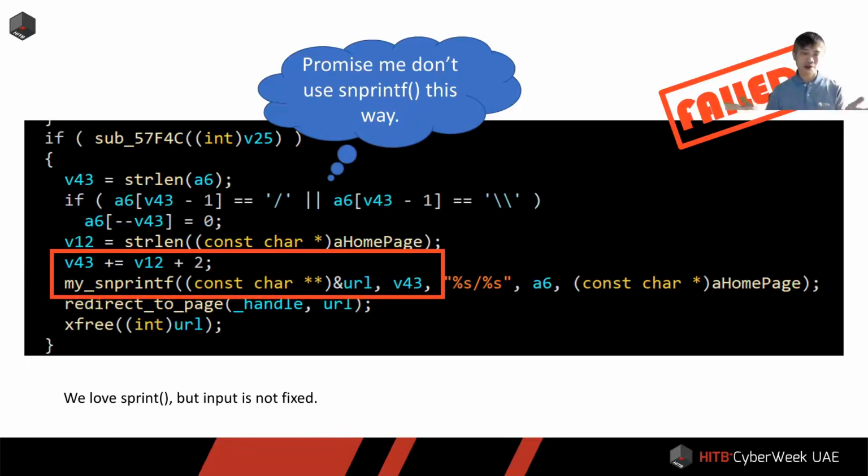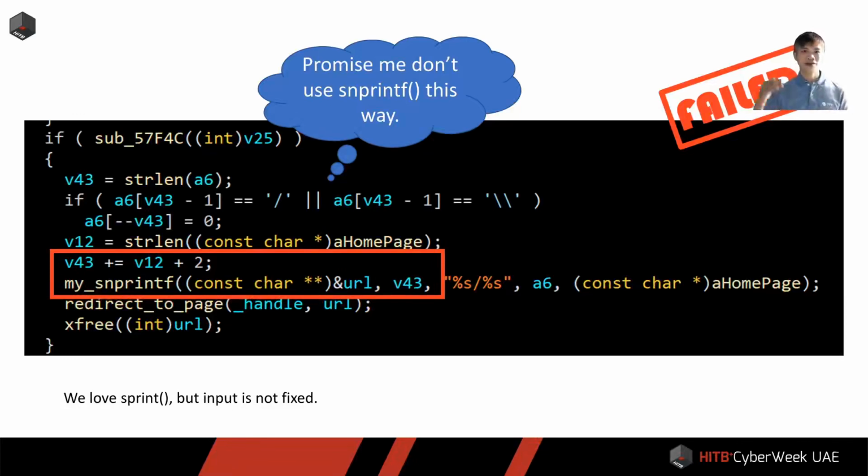So, promise me, don't use snprintf this way. However, after a very careful inspection of all snprintf calls within the code base, I'm not able to identify any place that I can control to cause a buffer overrun, so failed.